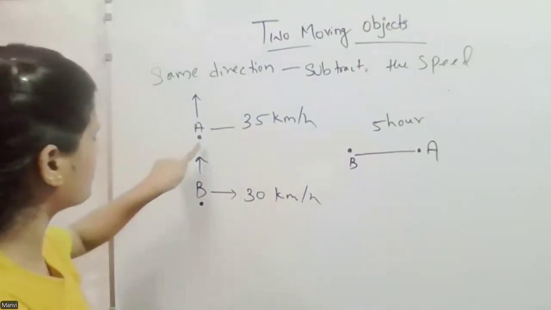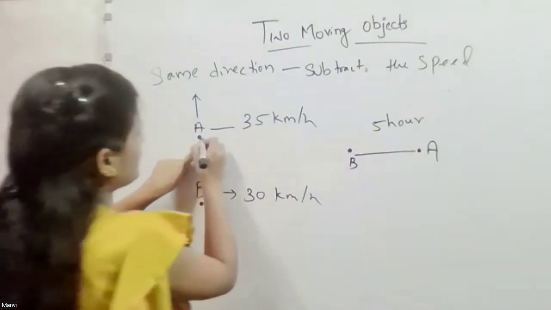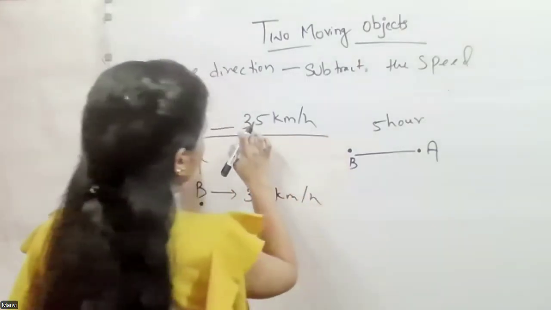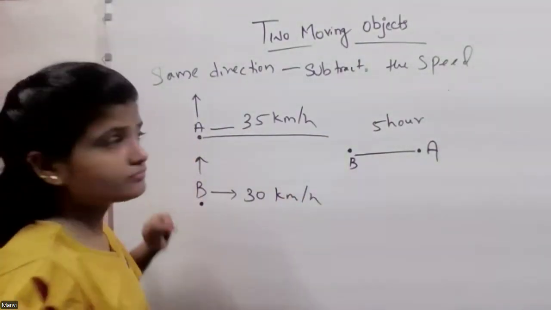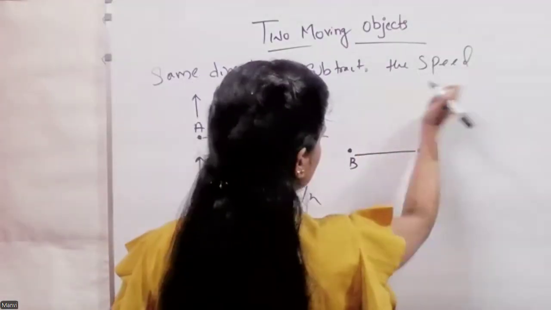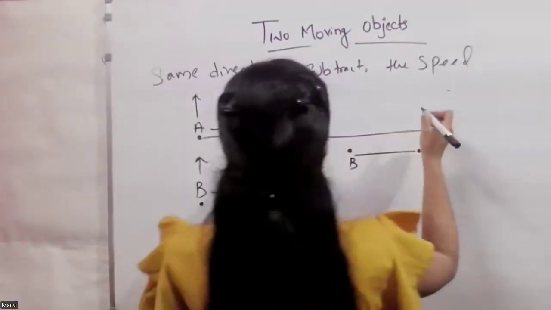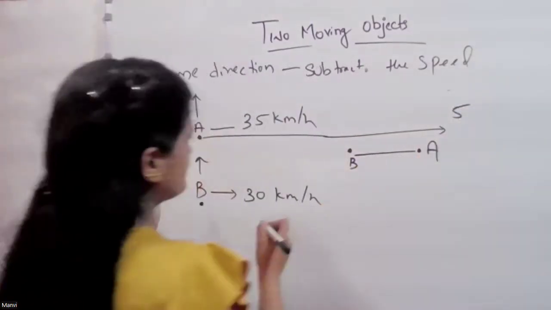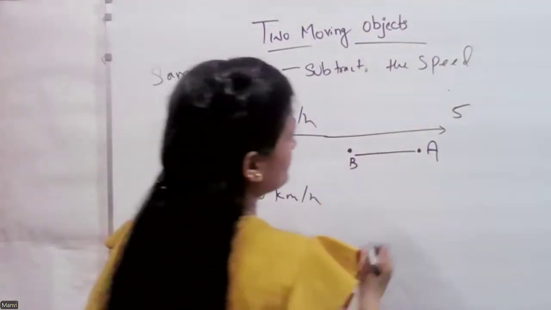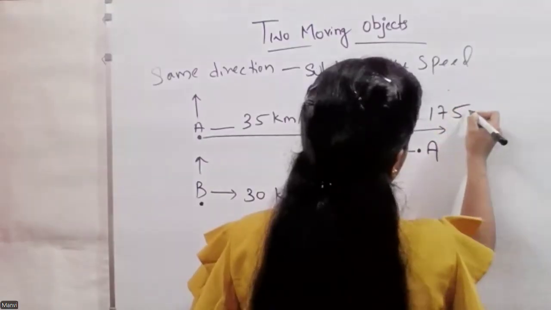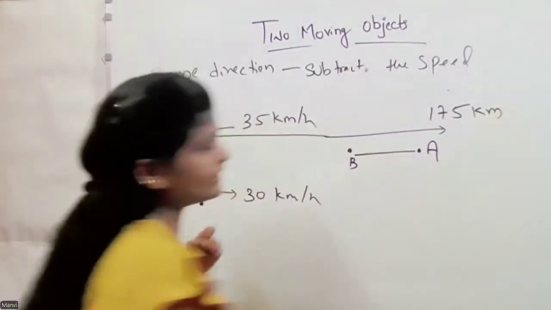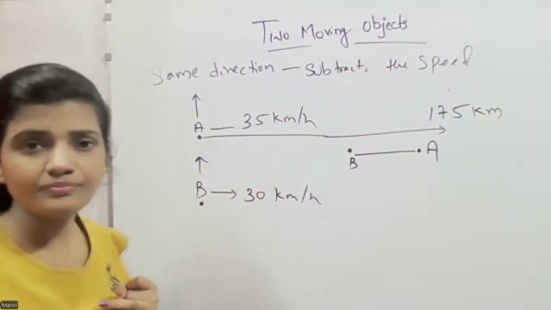So you can say, okay, in 5 hours, car A travels 35 times 5. 5 times 5 is 25, we carry 2. 3 times 5 is 15, plus 2 is 17. So this is 175 kilometers.